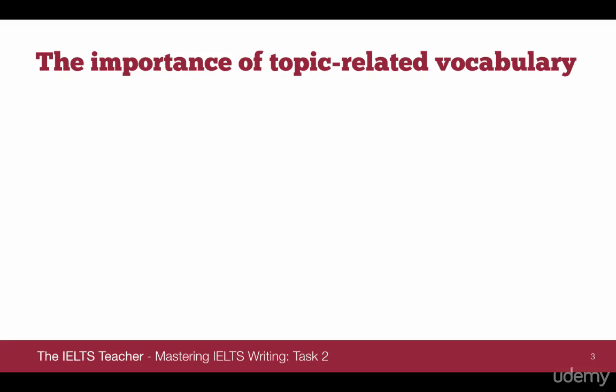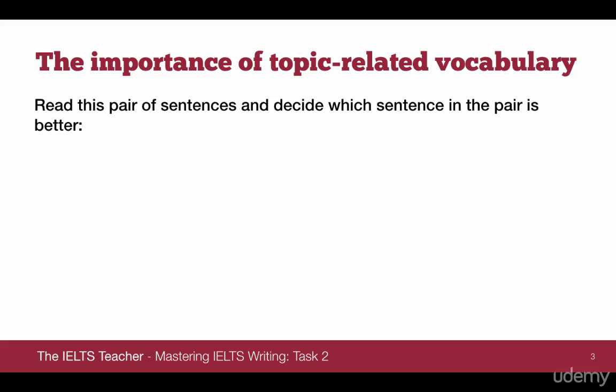So to illustrate the importance of this topic related vocabulary, we're going to look at 2 sentences. Now, I want you to read this pair of sentences and decide for yourself which sentence in the pair is better.